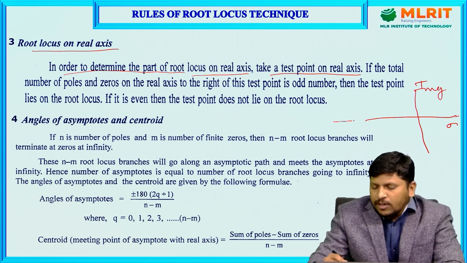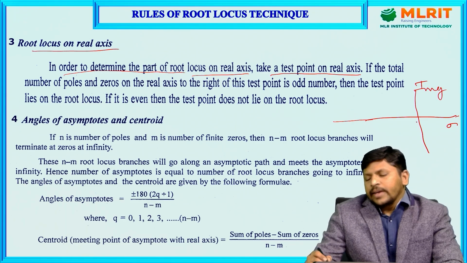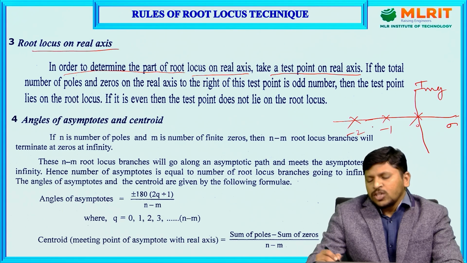For example, here I am going to draw a cross mark, that is one pole present at the origin, the next pole at -1, the next pole at -2. Now, between 0 and -1 is there any root locus, between -2 and -1 is there any root locus, after -2 is there any root locus?